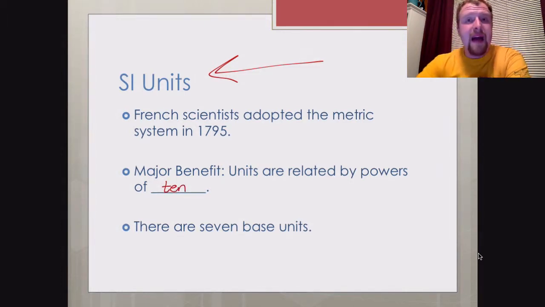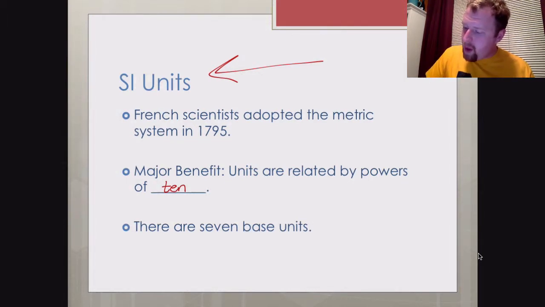While that might not make a lot of sense right now, I'll give you a brief example. It means that we can convert between units really easily. In America, we don't have it that easy. We have to know that there are 12 inches in a foot, 3 feet in a yard, and these are what we call abnormal numbers. But in the metric system, you have some really simple numbers.